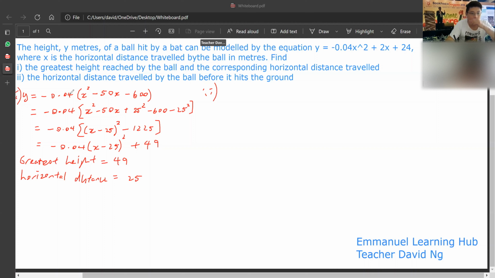Part 2, they ask for the horizontal distance traveled by the ball before it hits the ground. So you need to solve this equation.